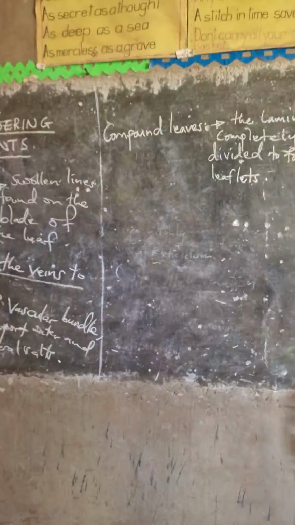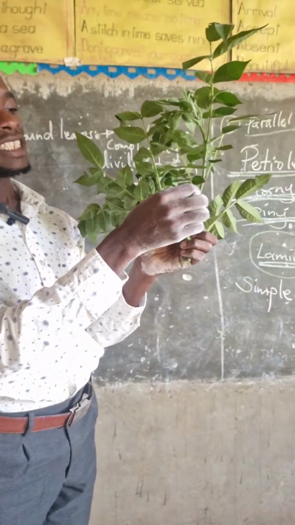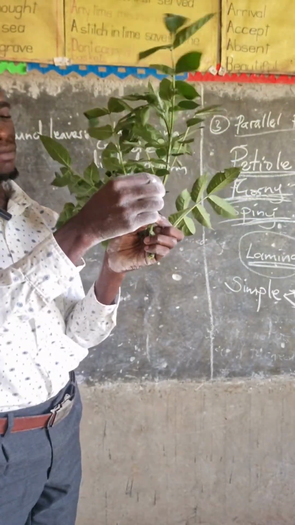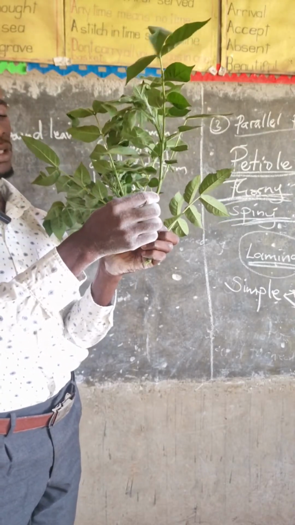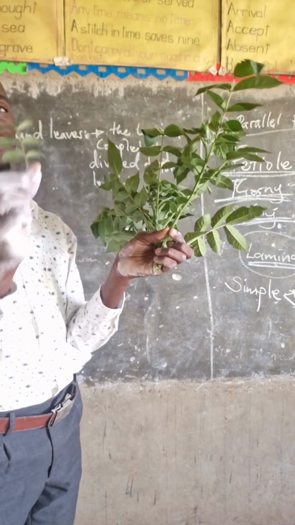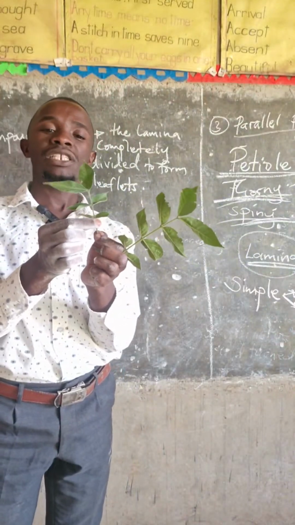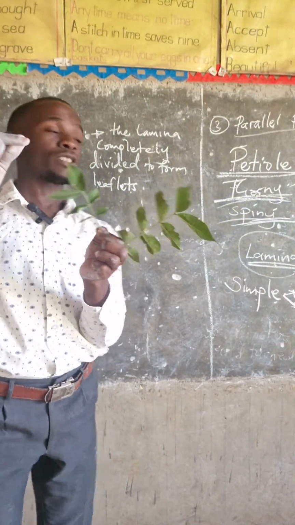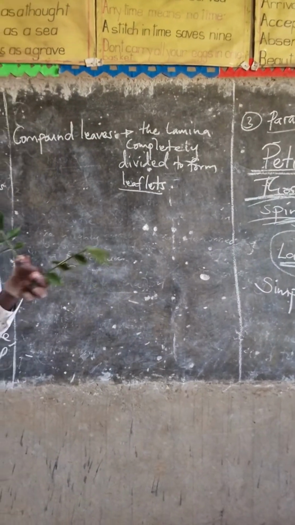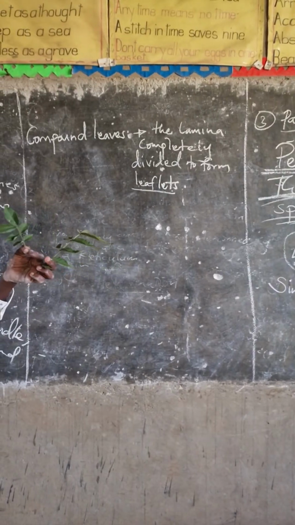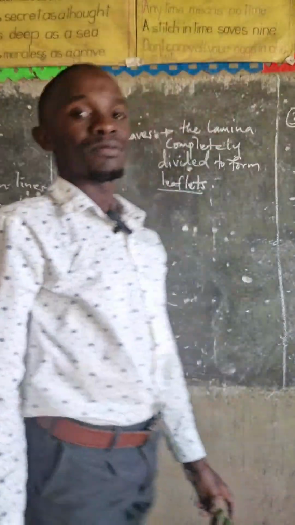Because if this is the entire plant, this is a stem, and this is not a stem, but having several leaf-like structures on the same structure, it makes this one qualify to be a leaf. So this means its leaf lamina or leaf blade was completely divided to form these leaf-like structures that we call leaflets. The number or arrangement determines the kind of a compound leaf.